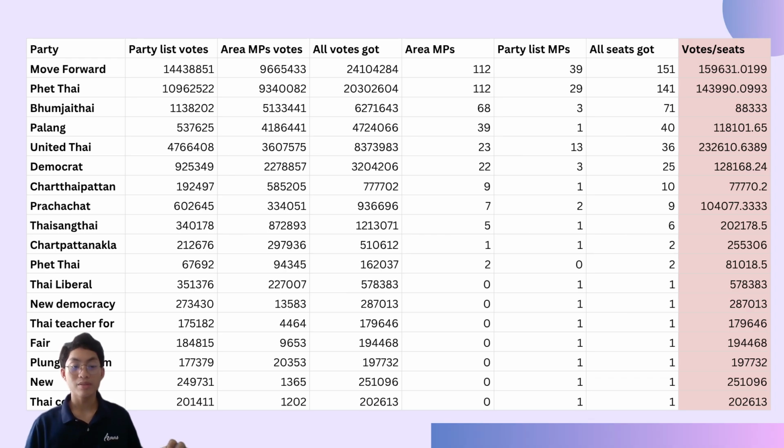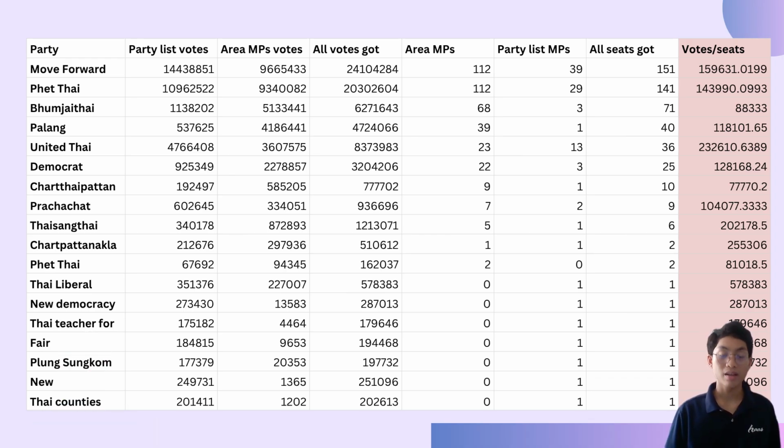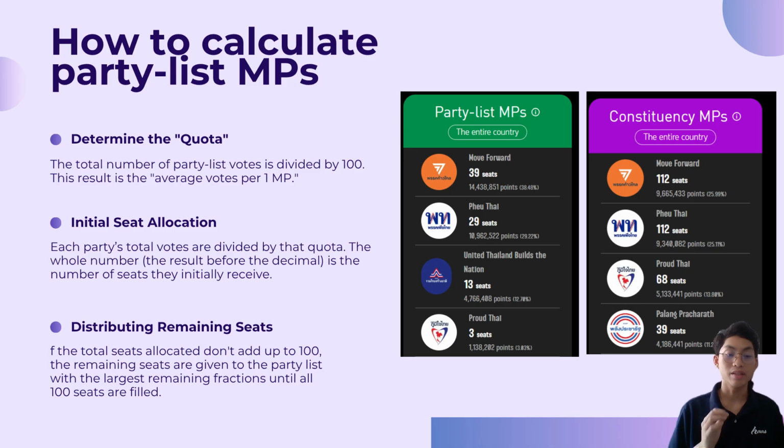So how do they calculate the party list MPs? First, they determine the quota: the total number of party list votes is divided by 100, which is the total number of party list MPs, and this result is the average vote per one MP.